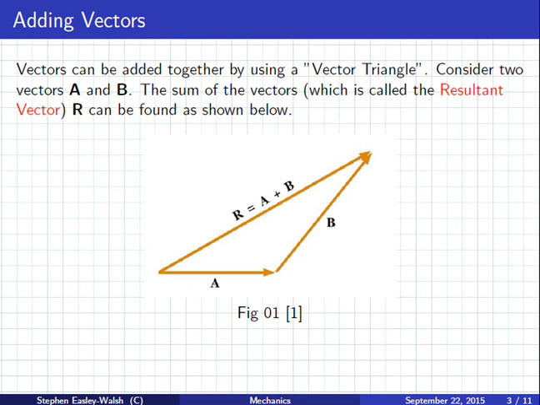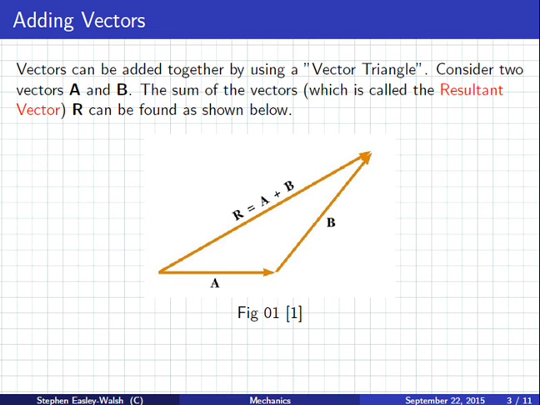Resultant is an adjective, resultant vector. What's the noun? Result is the noun. Do you know the word result?